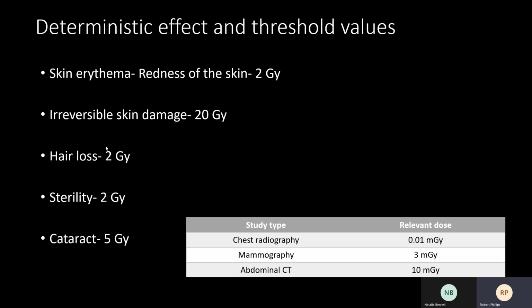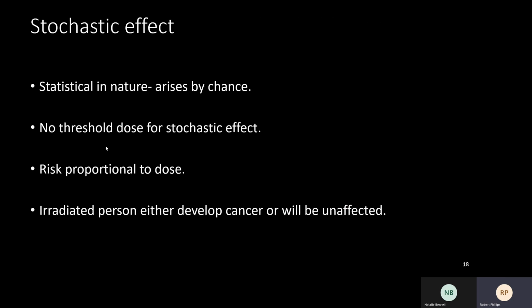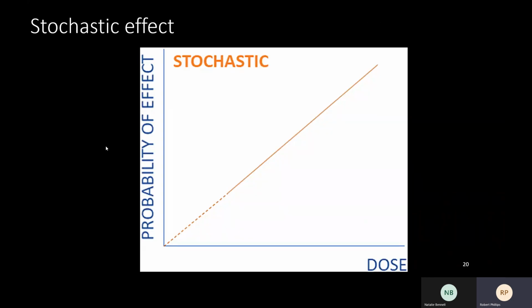As far as stochastic effect is concerned, the probability depends upon the dose. However, it can occur with small doses as well. So this dotted line is actually due to background radiation.